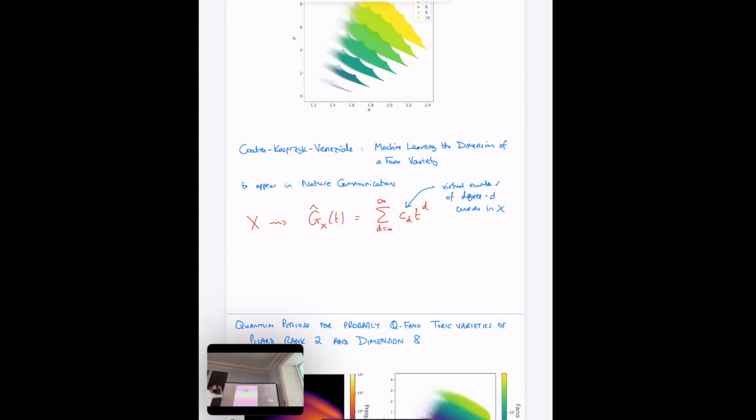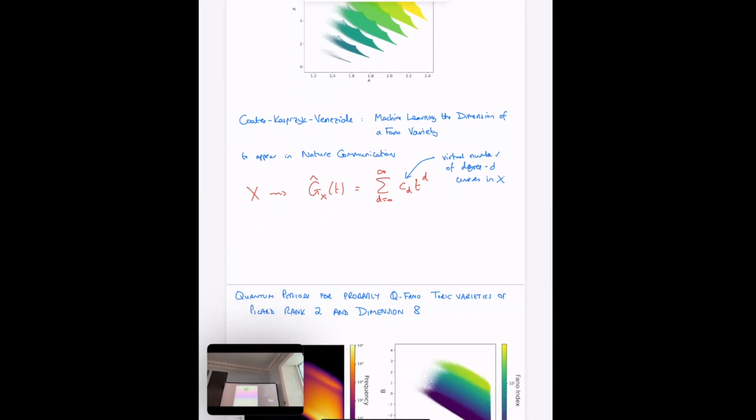And so we proved in our paper, Machine Learning the Dimension of the Fano Variety, just about to come out in Nature Communications, that if you take the non-zero ones of these, the non-zero c_d, then these grow exponentially, but they grow like: log of c_d grows like a d minus half the dimension of X times log d plus b.